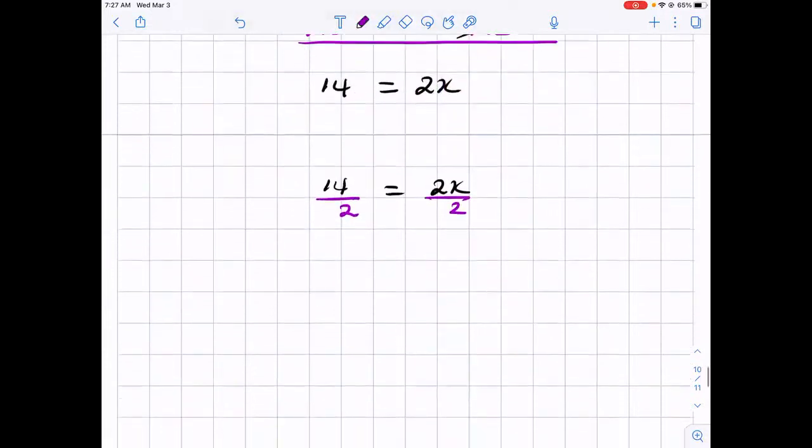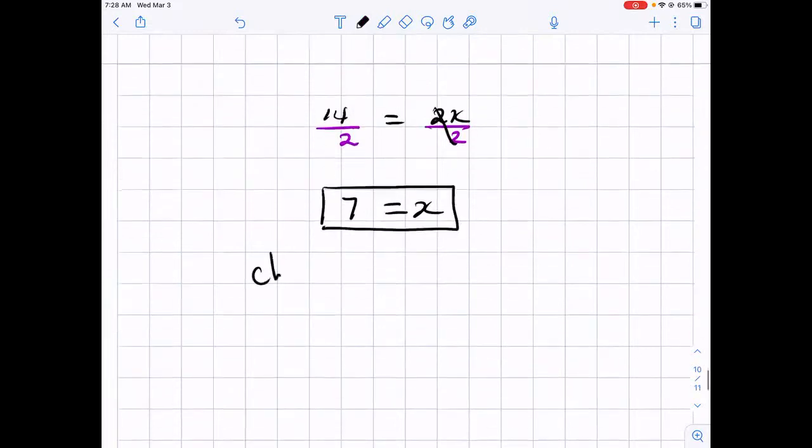Okay. And if I do that, I have 7 is equal to x. 7 is equal to x. Now, check your answers. Check your answer.